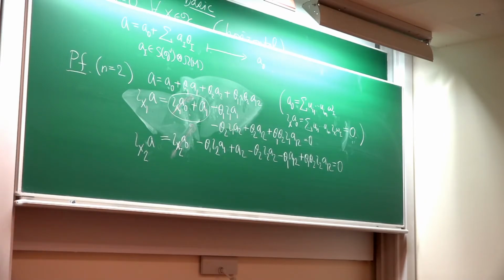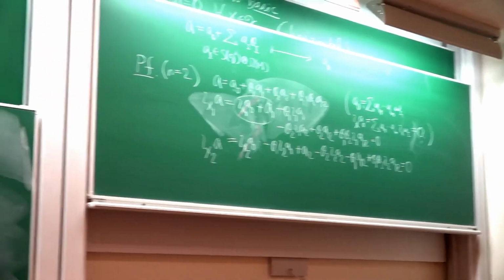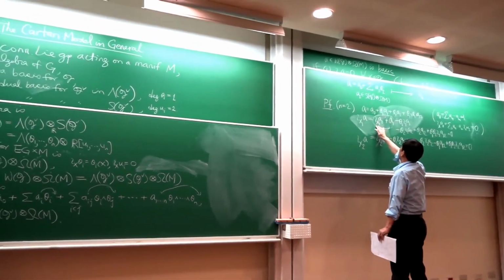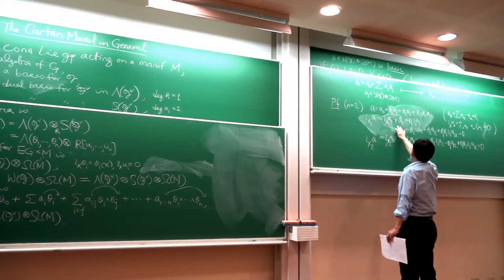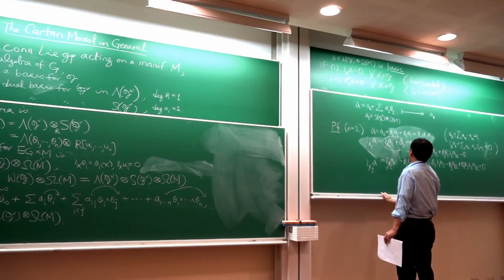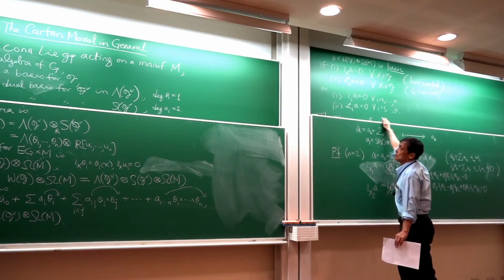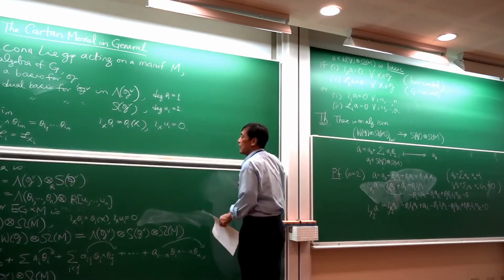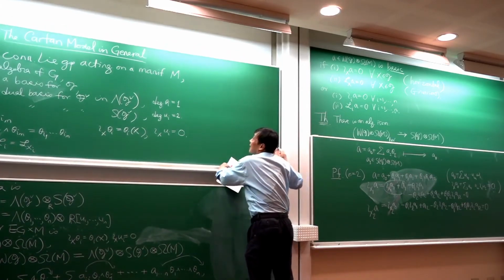We don't define it to be 0. Then we have this term and this term, and so what we get is that the sum has to be 0.